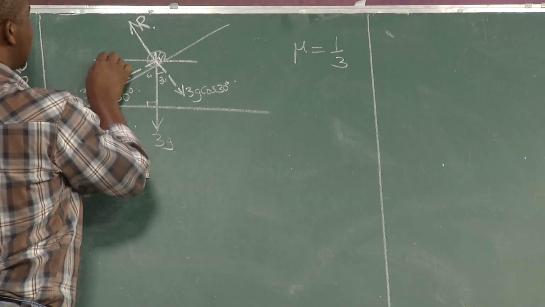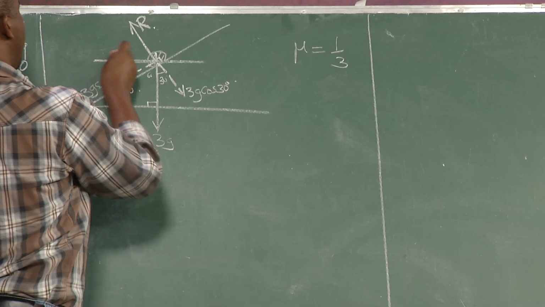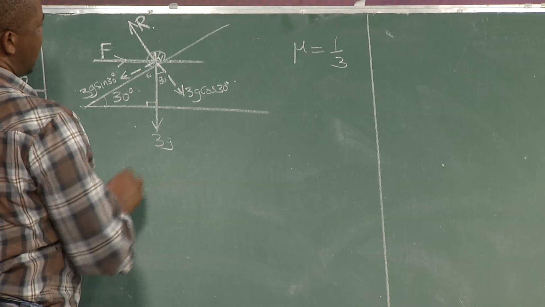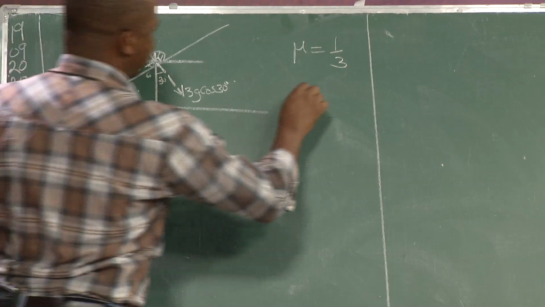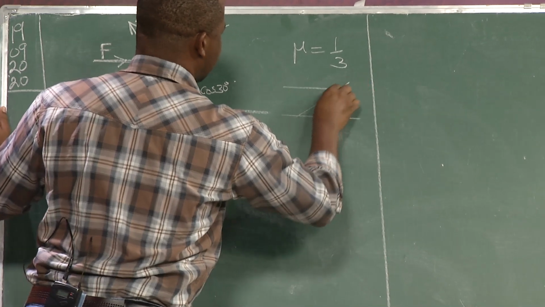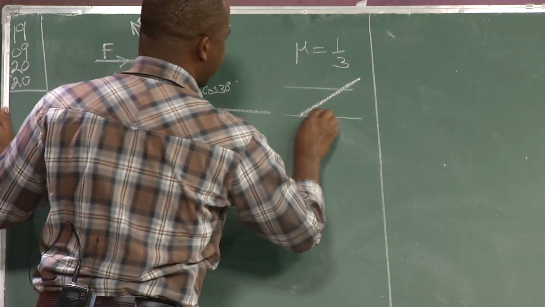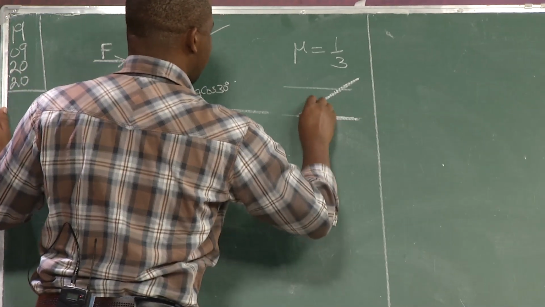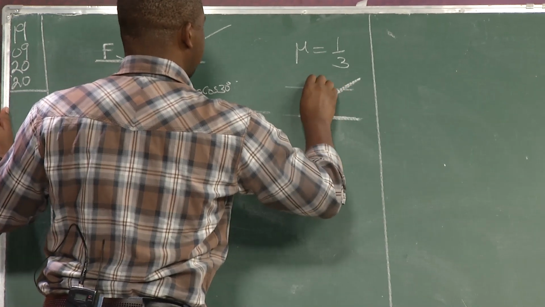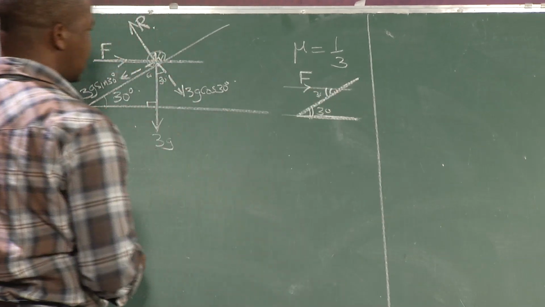The reasoning here I want to emphasize, I will let this force be F. This, from your primary angle geometry, if this is the plane, for those who may not be aware, and this is the angle of inclination of 30 degrees, these two angles are alternate if this is my F. And therefore, this is also 30 degrees.